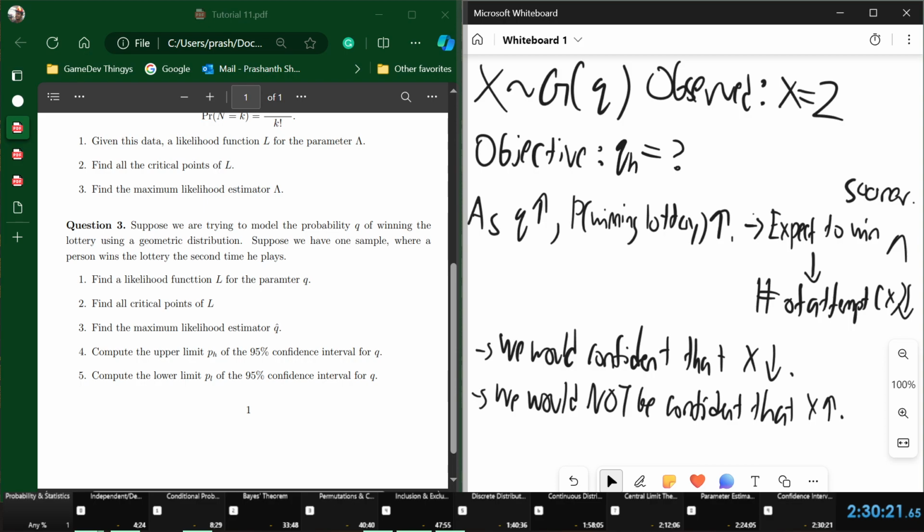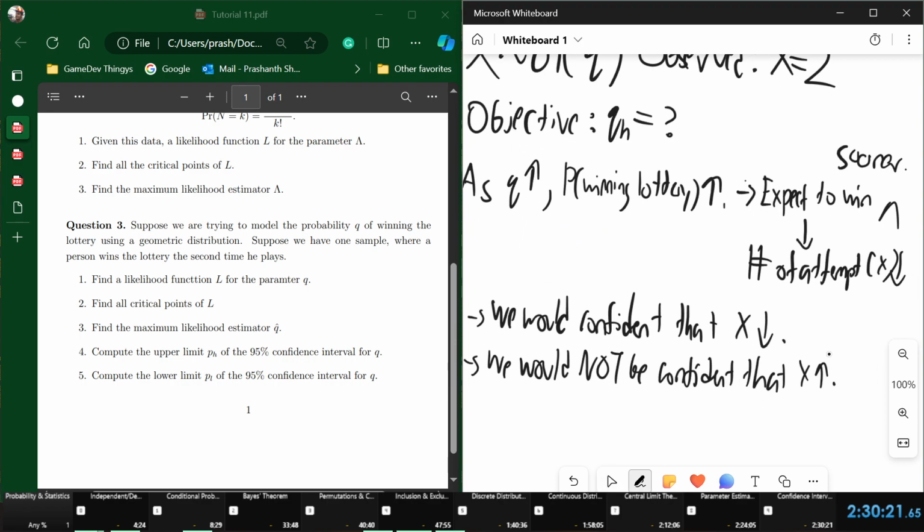Because the probability is so high, x should go down. But if x increases, we're like, wait, what the heck? That doesn't make sense. So we're not confident that that should happen. And because we're not confident, this event that x increases should lie outside our confidence interval.